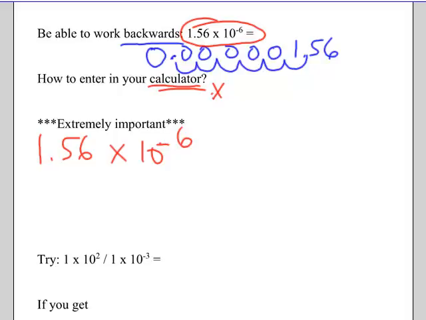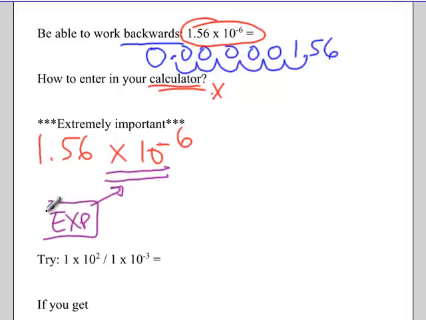The key is you have to find the button on your scientific calculator that does the times sign and the 10 with just one button. You should not hit the times sign button and then another button for the 10. This should be a button on your calculator.